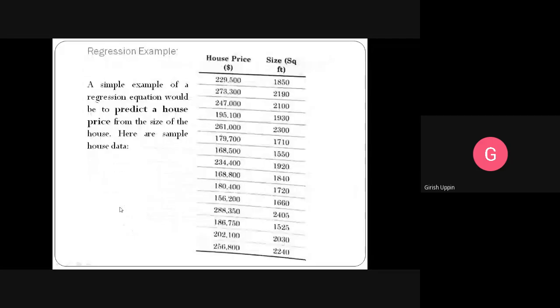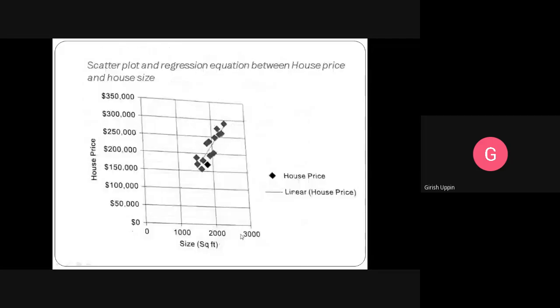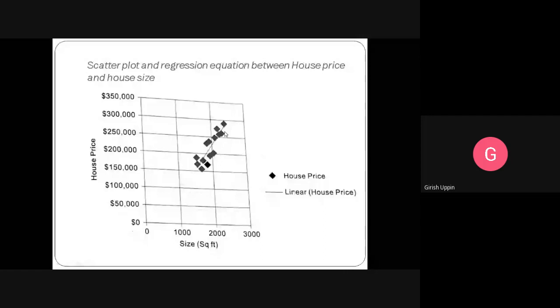You can see all these are the data points which correspond to the size and the price. If you look closely, there is a linear relation, and we can fit a line of the form y is equal to beta naught plus beta 1 x, x being the size, y being the house price.